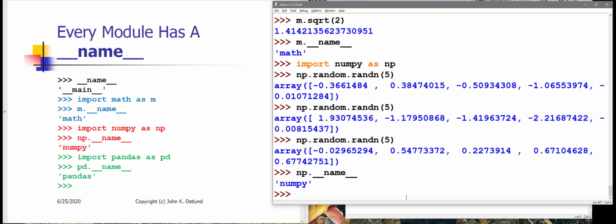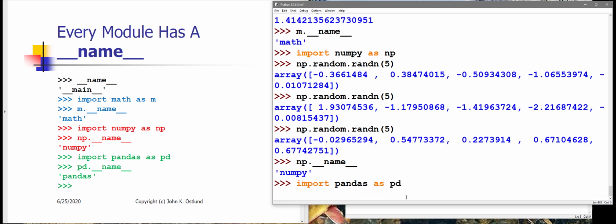Now, within the NP module that I've imported, dunder name is Numpy. And finally, Pandas, just as another example, this is a module that we won't have time to talk about in this class, but it has spreadsheet-like capabilities within it, and the ability to do convenient cleaning and manipulating of row and column kinds of data, and perform statistics and things like that.